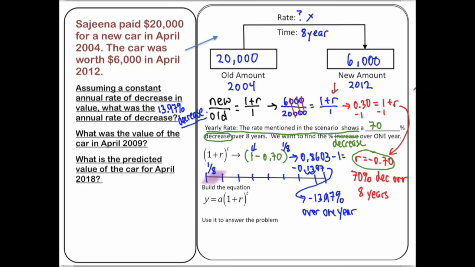Okay, so let's go ahead and build the equation down below, and then we're going to use it to make some predictions. Once we build the equation, we get y equals the amount that we started with, which is 20,000, times the quantity of 1 plus the negative 0.1397, to the power of t. And that t is going to represent the number of years from 2004, so we can use it to answer those questions.